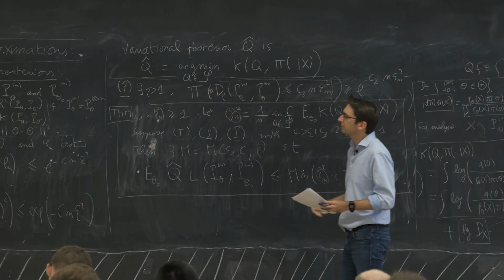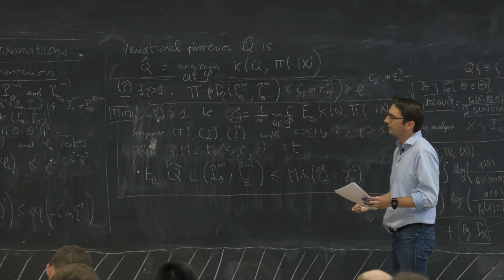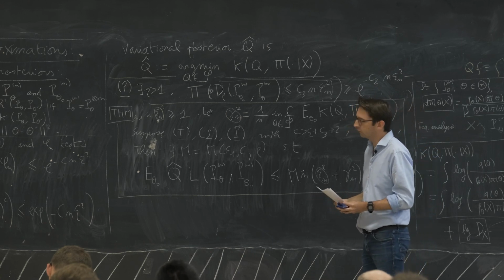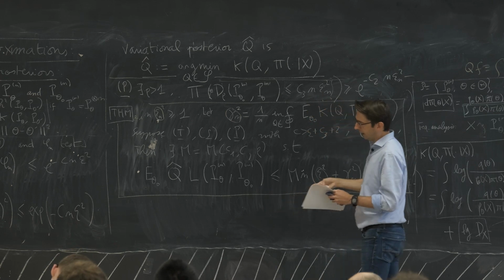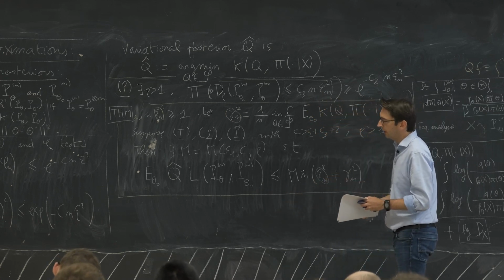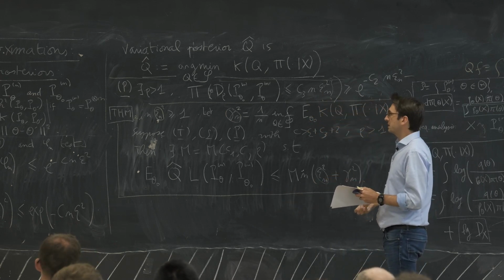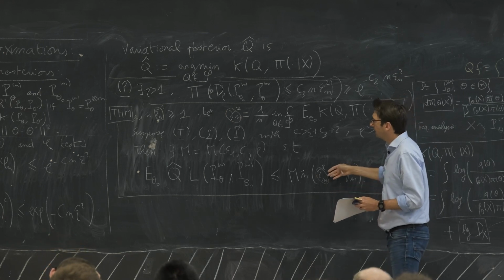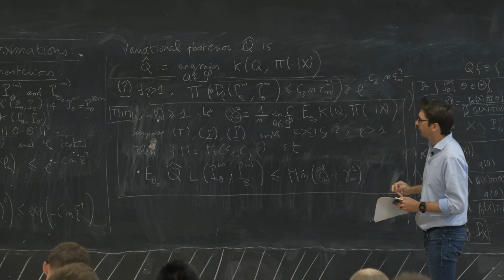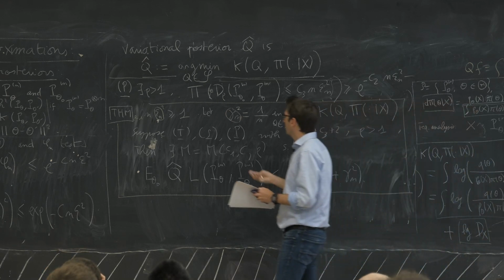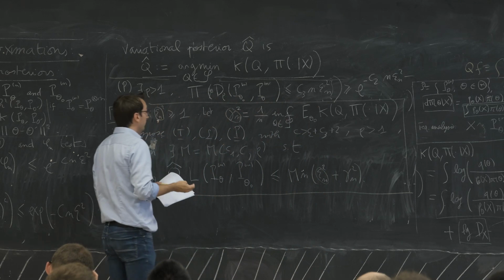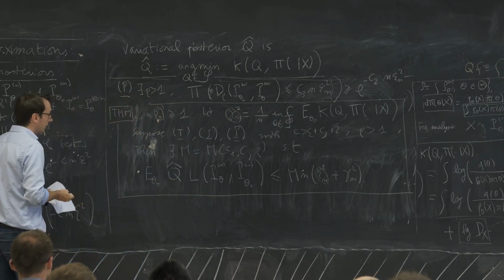We know that even by taking epsilon equal to epsilon n, despite the fact that I changed the neighborhood a bit, this will imply that the posterior itself converges at rate epsilon n. So epsilon n should be regarded as the rate of the posterior, and gamma n is more related to the behavior of the variational posterior, Q hat.